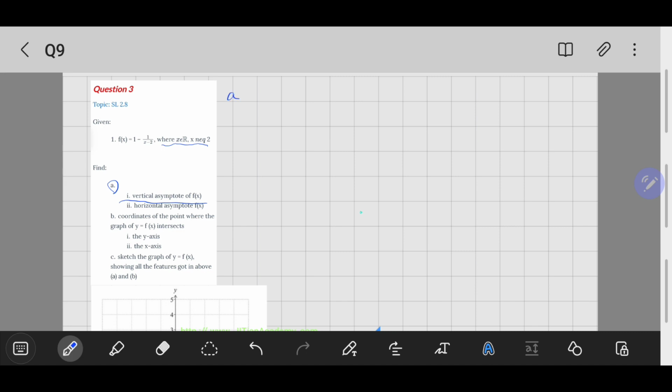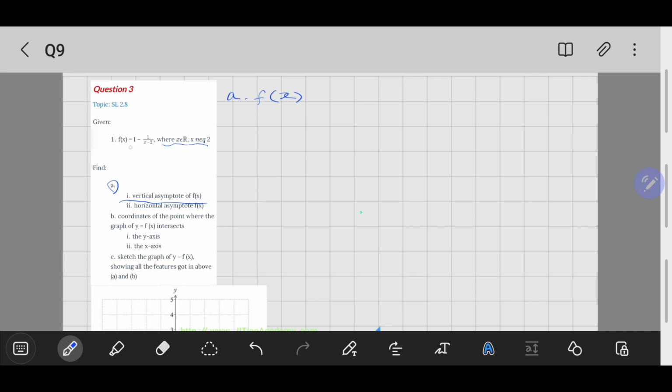To find the vertical asymptote, we must find where our denominator is equal to 0, or our function is undefined.